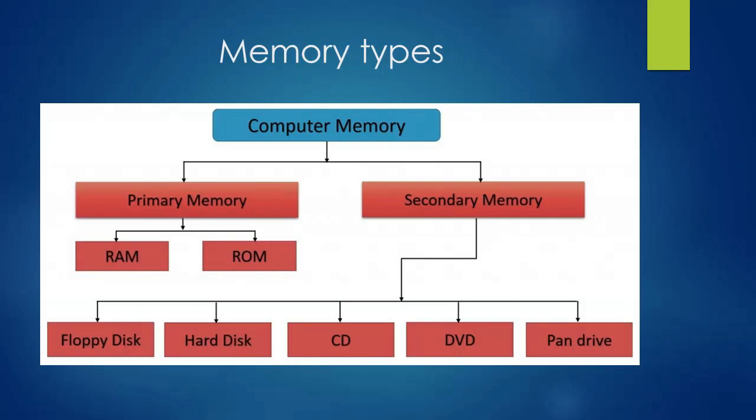Primary memory is computer own memory, while secondary memory is those memories that are used externally to store data and information. In secondary memory we have pen drive, DVD, CDs, hard disk and floppy disk. All these are used to store data and information in computer.